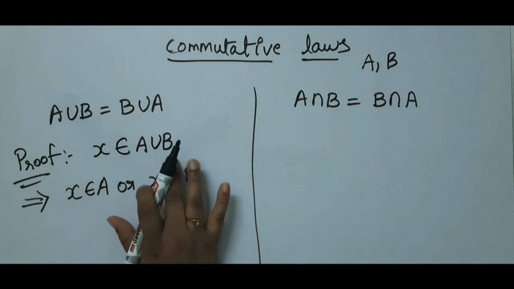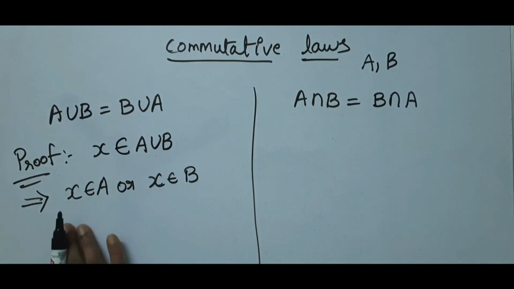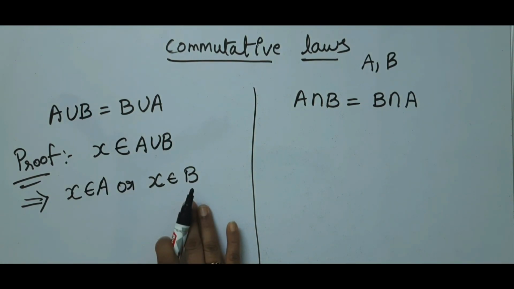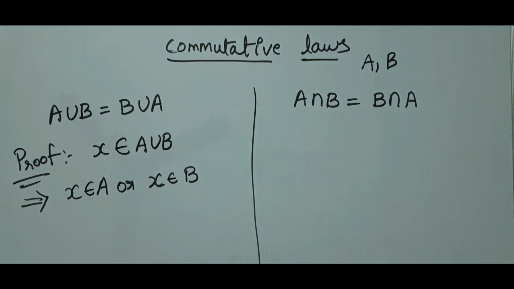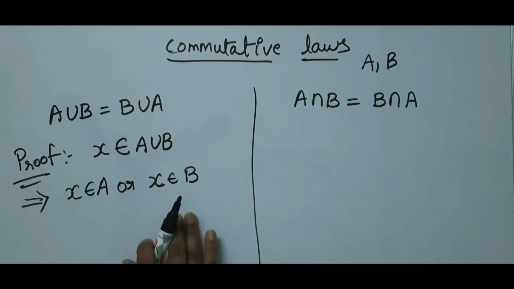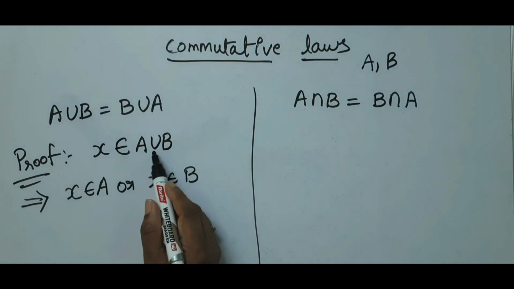So when X belongs to A union B, it is clear that X belongs to the set A or X belongs to the set B, and it may be a common element. Is it not? A union B contains a combination of all the elements which are in set A and which are in set B, including the common elements. Is it not? So this OR indicates that X belongs to A or X belongs to B. Okay. This OR is used for union.